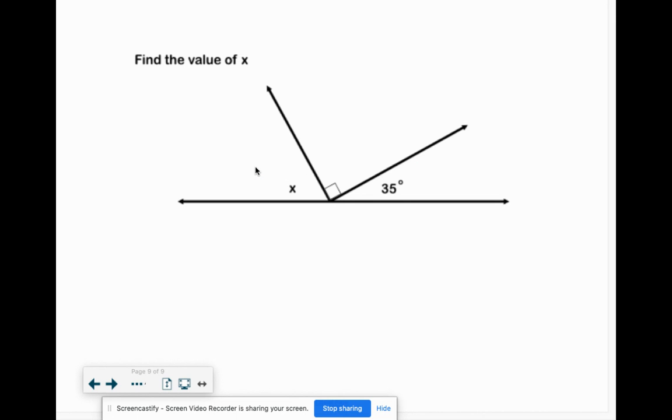Okay, and our last one. Find the value of x. Well, the one in the middle is the right angle. Oh, good call. So let's put 90 here. Then what do all three of these have to add to? Because they make a line. Isn't the 90 not part of it though? It actually is in this case, because it's taking up this part here. Oh, I get it. So we could write x plus 90 plus 35 equals 180.